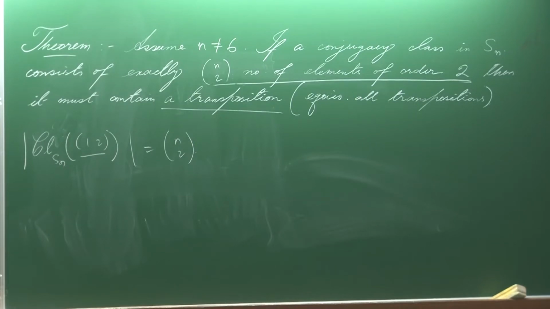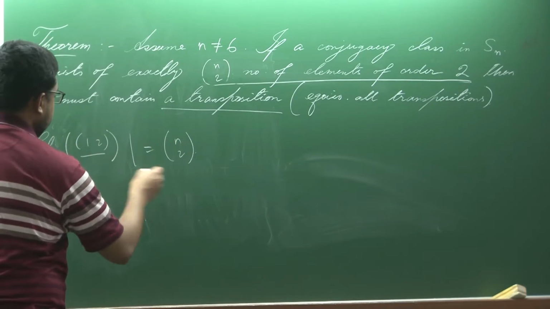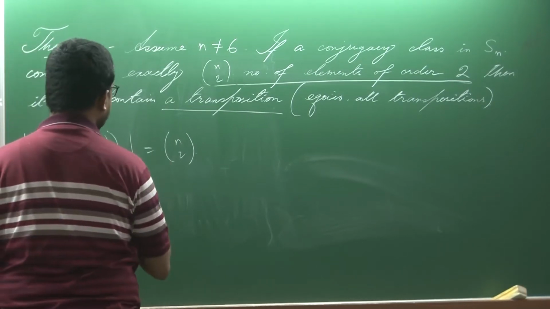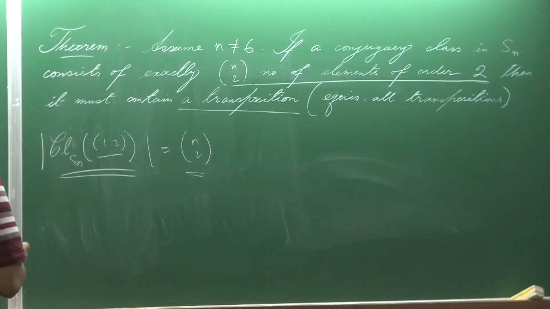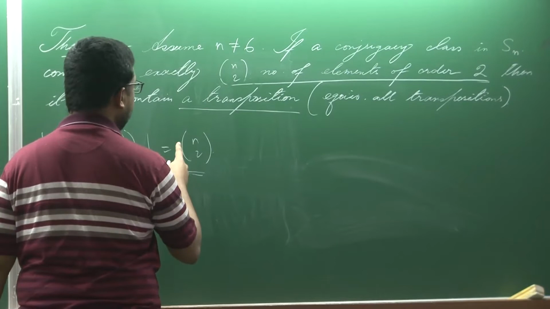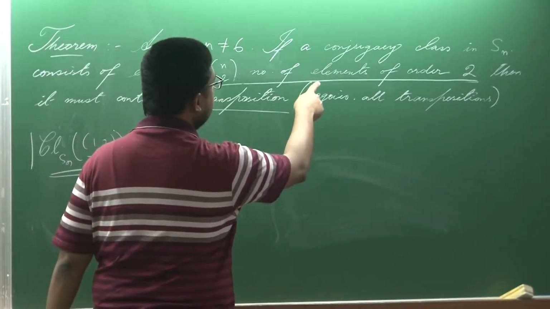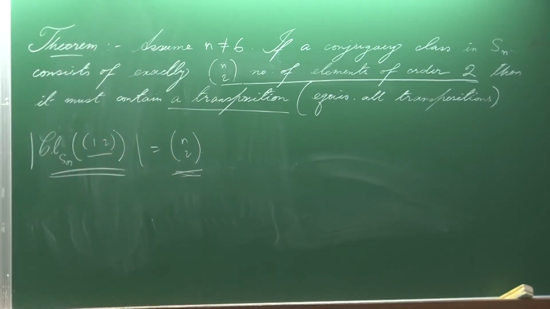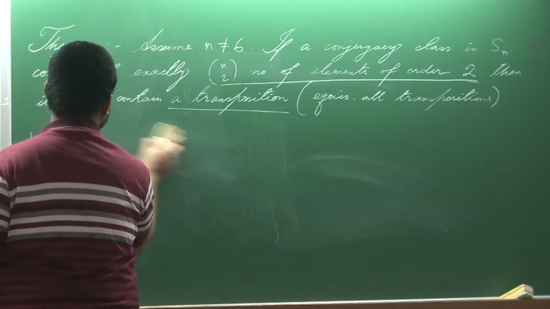Now what we are going to see is that this is the only conjugacy class with this order, having all elements of order 2. That is the conclusion of the theorem. So, how to prove that?